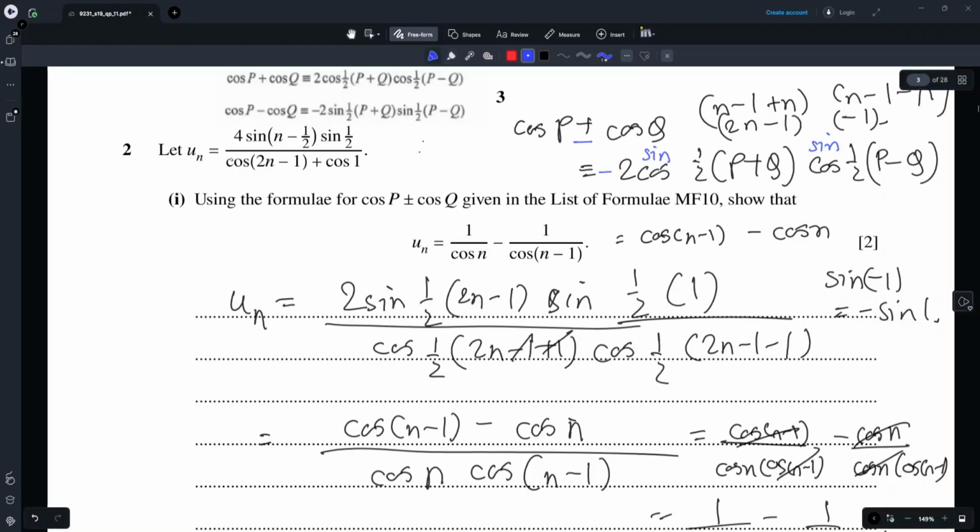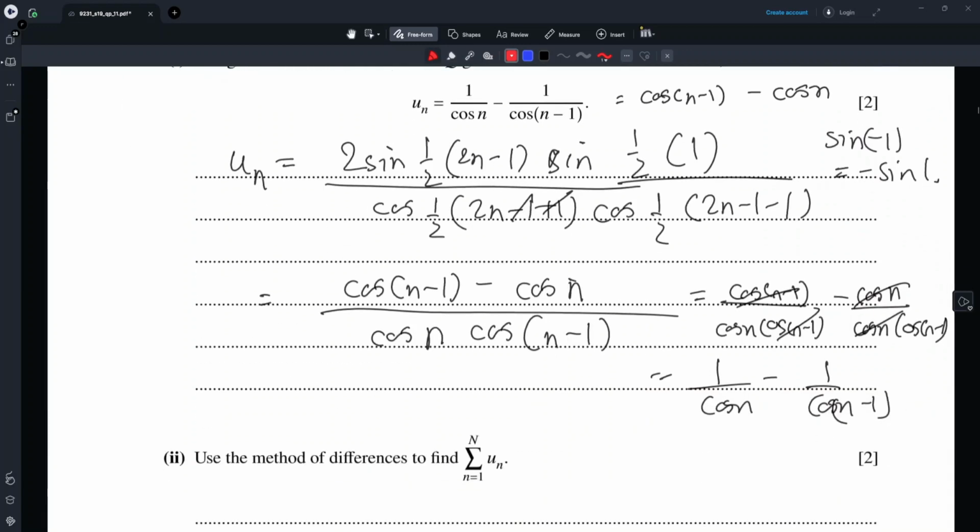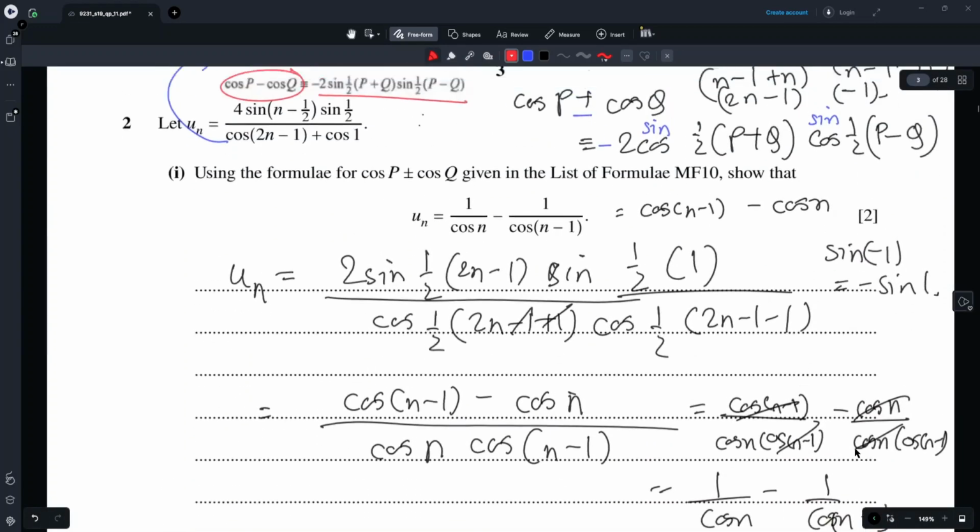For the bottom one, I can directly apply this formula. But for the top one, I noticed that because it is a product of sines, I can make use of this formula to go back into this form so that I can use it with the denominator here. If I have both numerator and denominator with the same cosines like this one and this one, where we have a difference at the top and a product at the bottom, I can make use of that and make out this formula in this notation here.